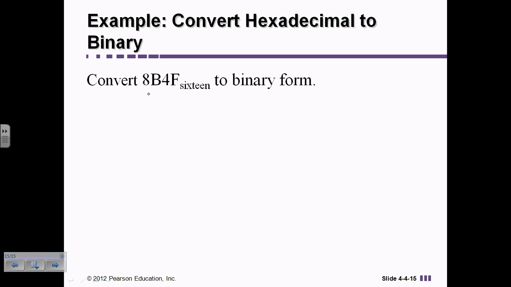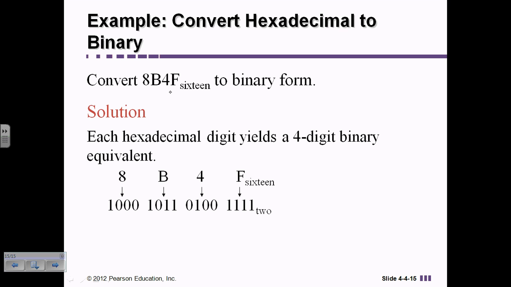If I take these numbers and convert each of these into 4-digit binary numbers. So the number 8, I want you to think about these numbers, 1, 2, 4, and 8. So if I had to have a 4-digit number that represented 8, I would need an 8, and I would need no 4s, no 2s, and no 1s. So the number 8 is 1000.